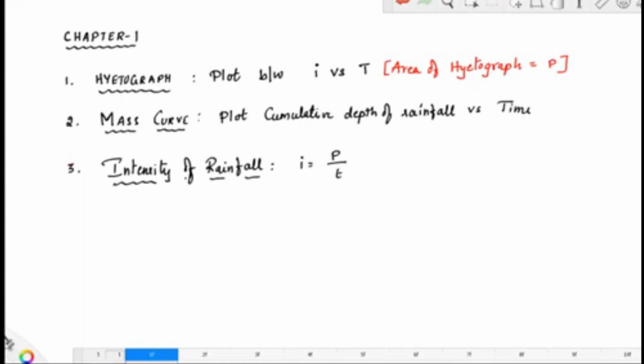Then fourth thing, you may get a problem based on optimum number of rain gauges.